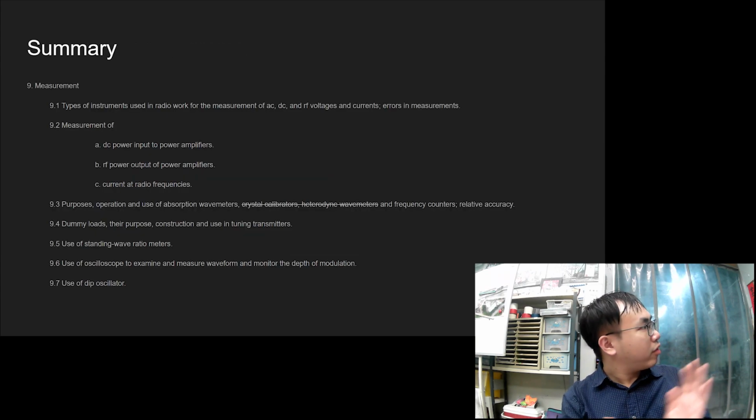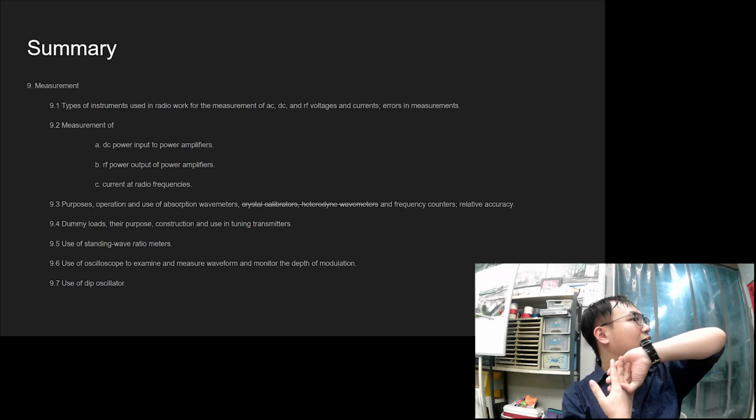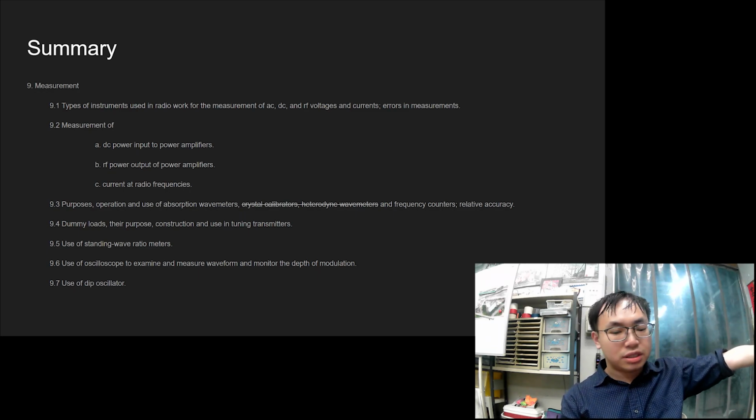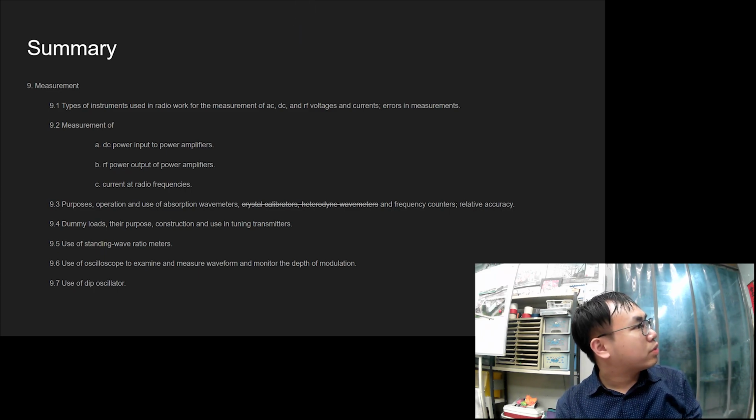Okay. Easy. So we have completed our measurement. We have talked about what type of instrument can be used, how to measure the DC power, RF power, current, operations, dummy loads, their purpose, how to construct them, what is standing wave ratio, and what is an oscilloscope, to examine the waveform and monitor.